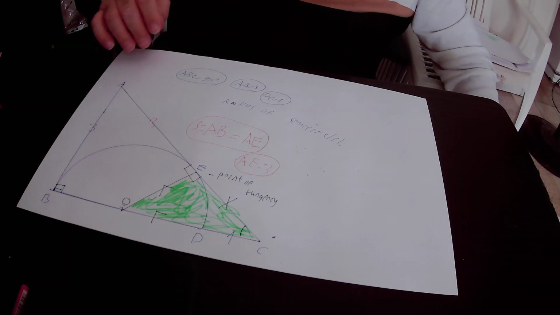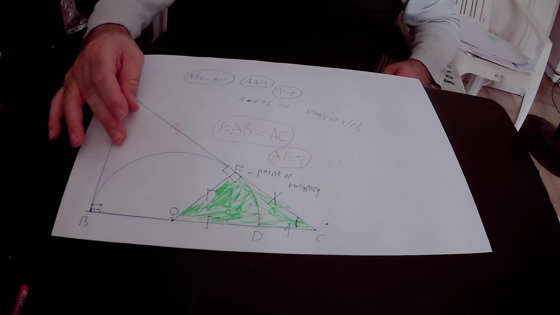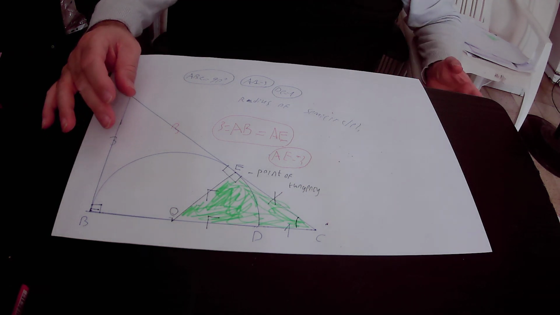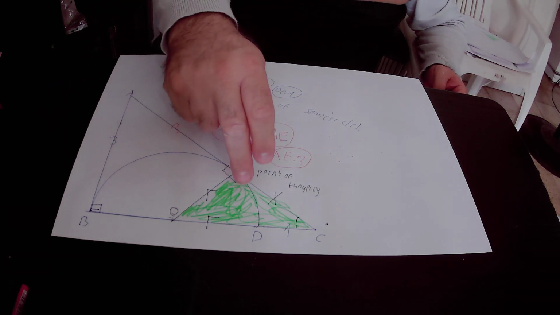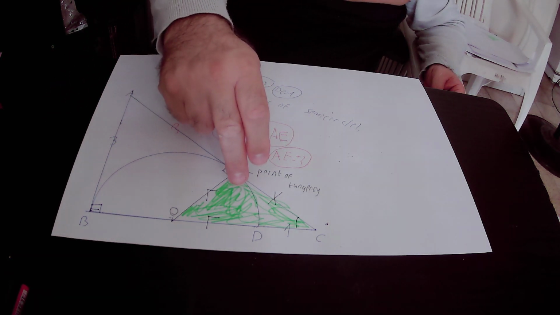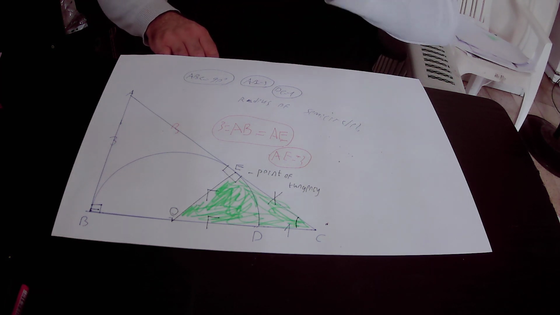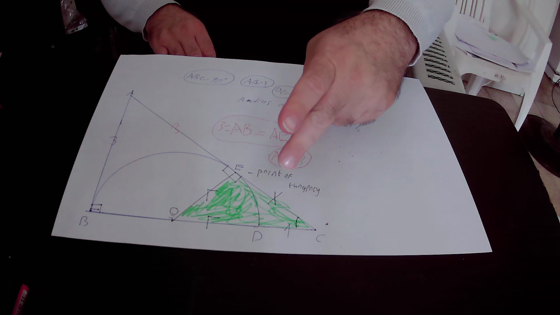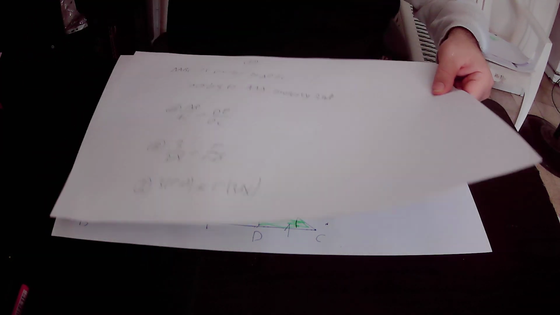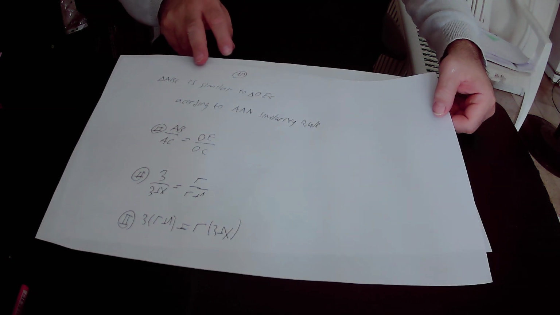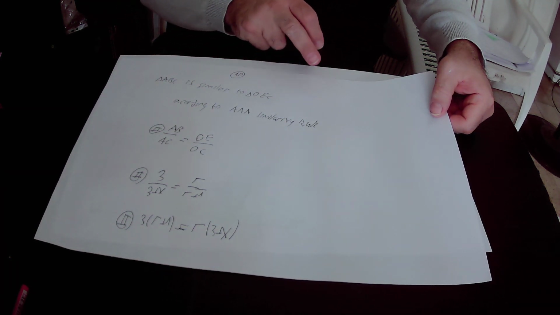We actually proved that all three angles of the big right triangle, triangle ABC, are equal to all three angles in triangle EOC. Therefore, triangle ABC is similar to triangle OEC according to the angle similarity rule.